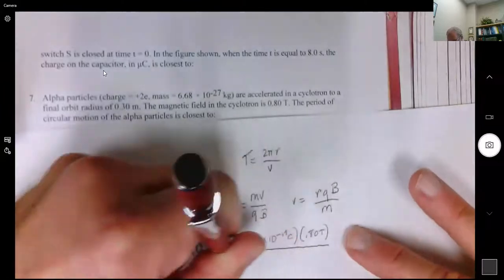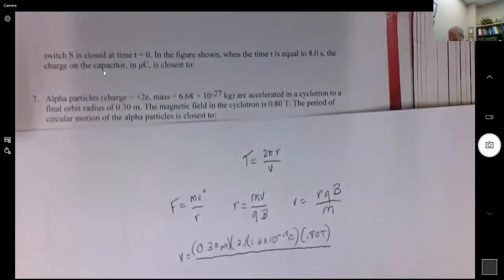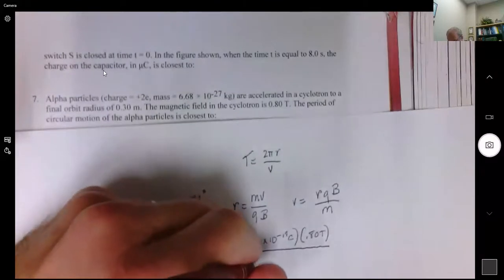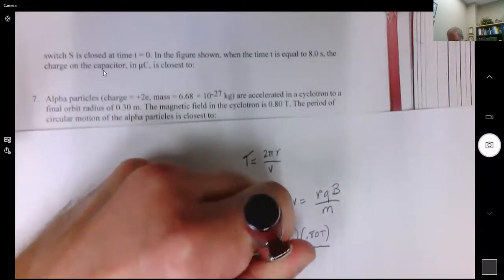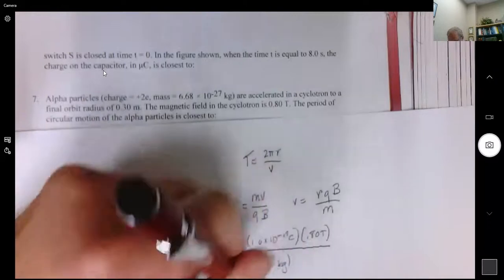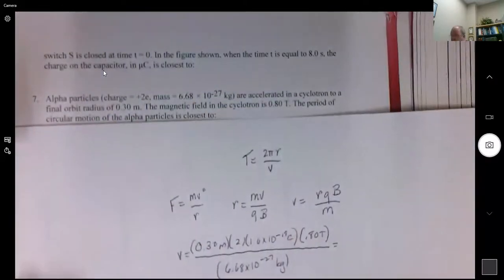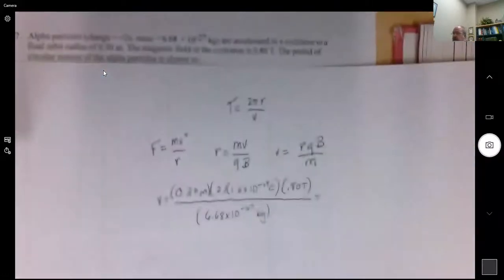And the mass is 6.68 times 10 to the negative 27th kilograms. Okay. We just multiply that out.